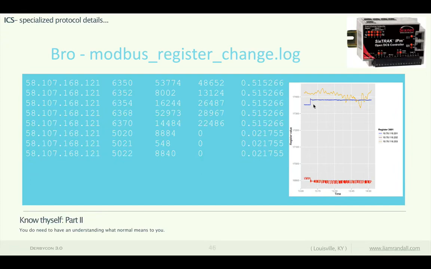Mining the logs out of a couple of these registers, a team member at the International Computer Science Institute was able to generate this graph of SCADA register changes over time. And you can see here that this blue line could be something like a pressure switch or a valve switch, and maybe this is the impedance of some circuit, so maybe it's measuring a tank that's getting full. I have no idea.